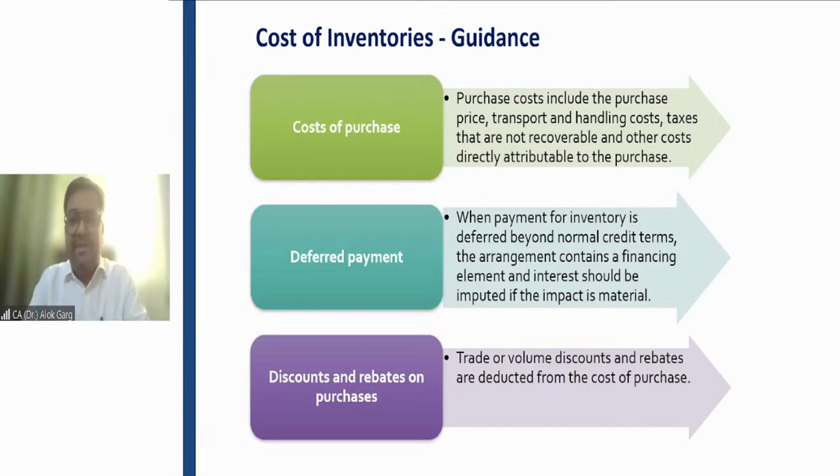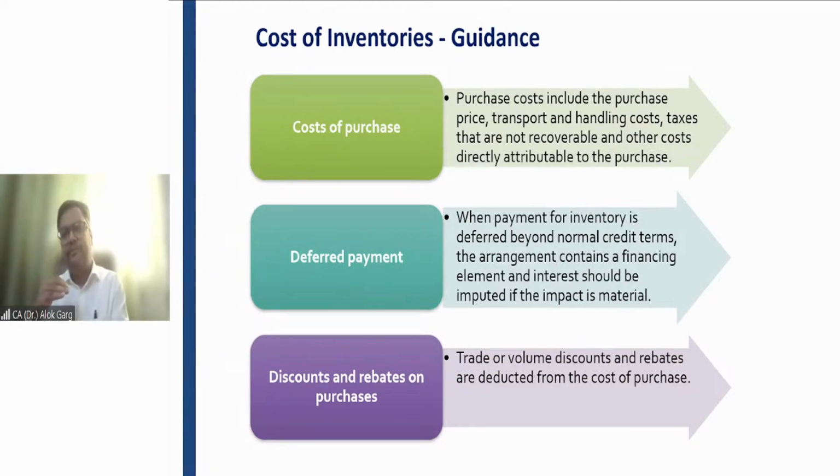Coming to the cost of purchase, your purchase cost includes what? It includes the purchase price. You are going to a supplier and the supplier is selling you the material inventory and issuing you an invoice. In that invoice a purchase price is there.